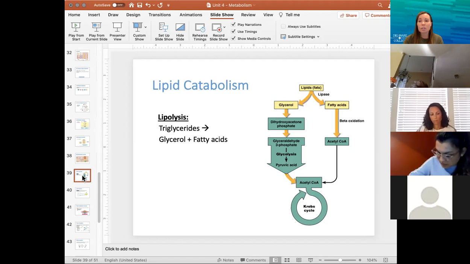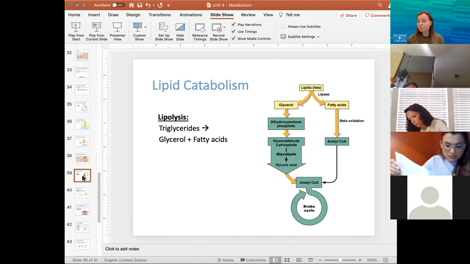But if they start accumulating too much in the blood, it's called ketosis. So ketosis is the condition where ketone bodies accumulate excessively in the blood.